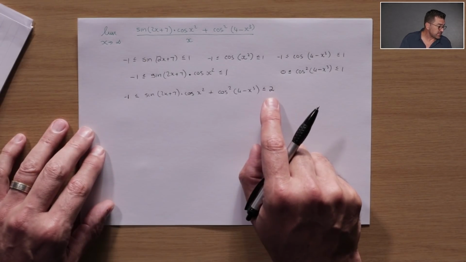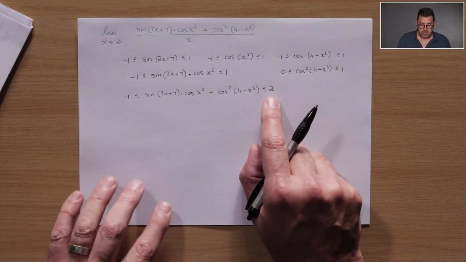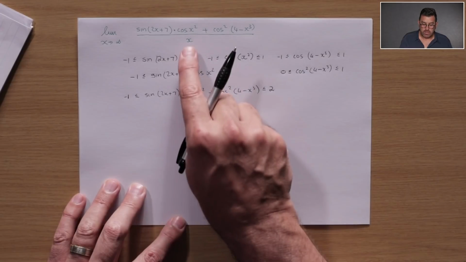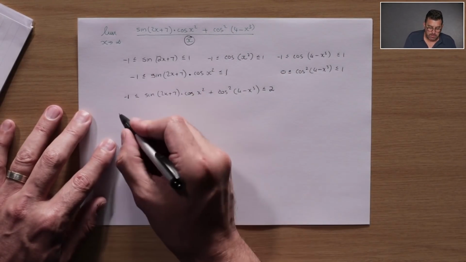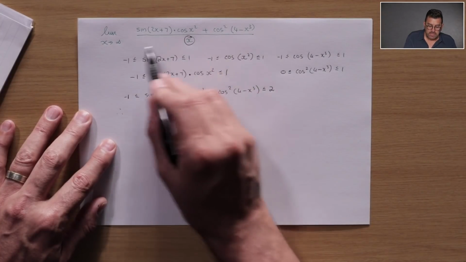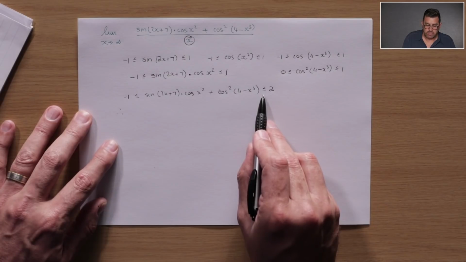Okay, so what is squeezing my function will be determined once I've brought in my denominator. Look at how easy this becomes. This denominator is still, the x is positive, so I'm ensured that the signs won't change.